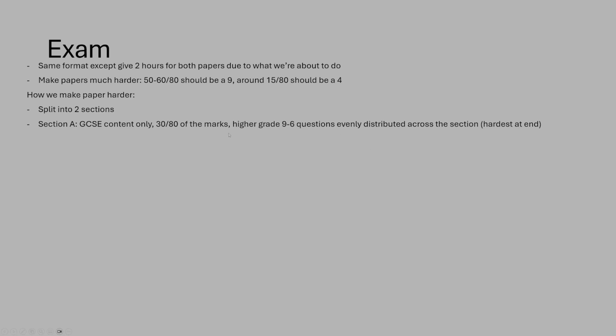It's going to be some actual difficult circle theorem stuff, stuff on sequences that you already do, but going into it a bit further. And then section B will be the rest of the paper, which will bring in most of the harder content, there'll still be very hard questions in this section, but this will include this content. I don't know why it says further maths content only. This is all the content, section B.